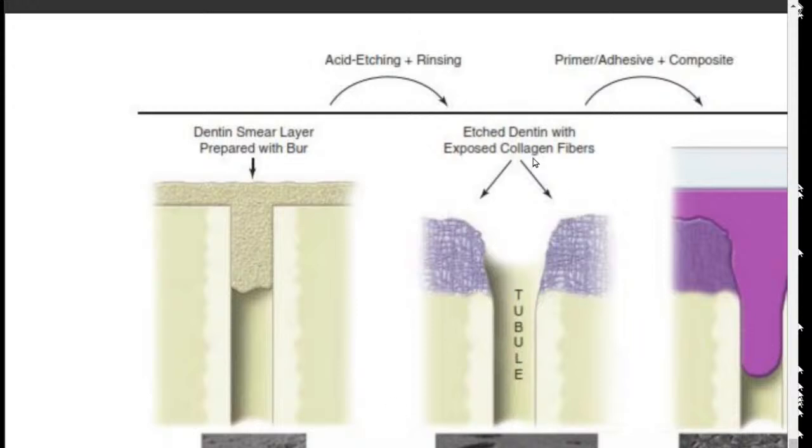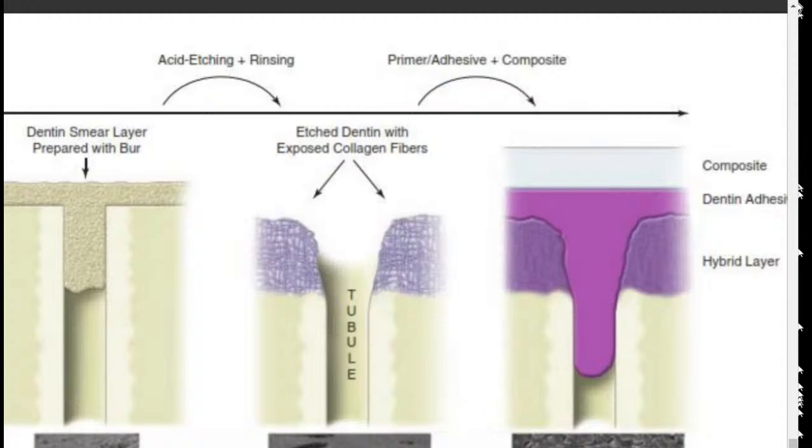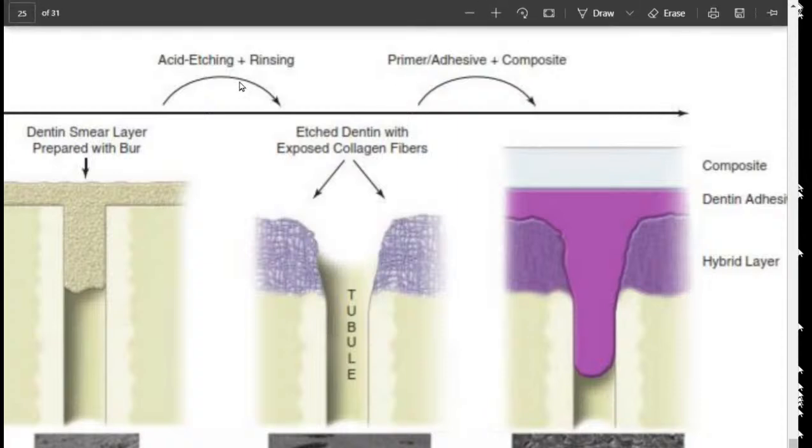Then the next step. This is the second step after adding etching and rinsing. So first we should prepare the dentin smear layer with the bur, then add the etching material and rinse it.